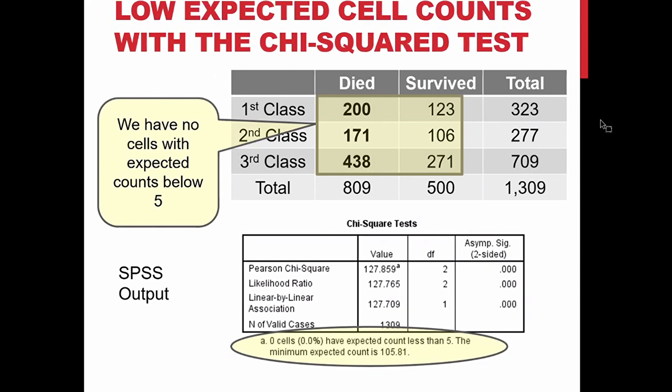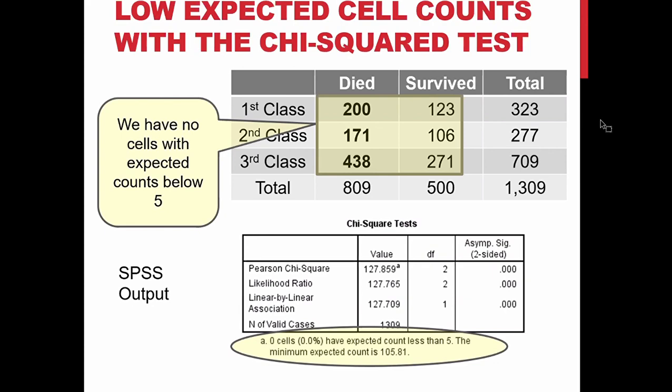There is no cell with low cell counts, but the chi-square test is invalidated if more than 20%, or 1 in 5, of the cells have expected cell counts below 5. The good thing with software now is that it will tell you if there are cells with less than 5.